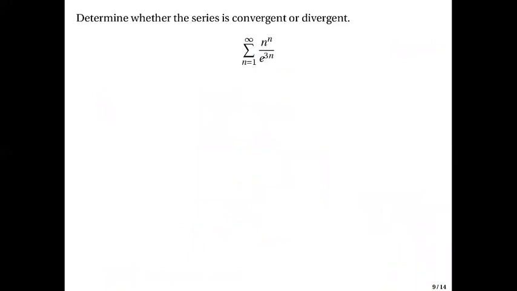Next example here. We have the sum from n equals 1 up to plus infinity of n to the n over e raised to 3n. Now, if you see a factorial in the terms, you immediately use the ratio test.